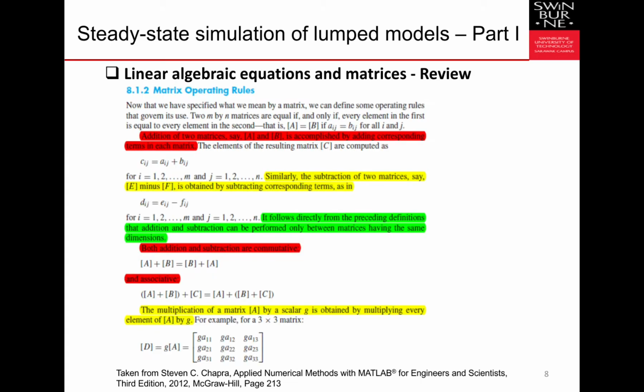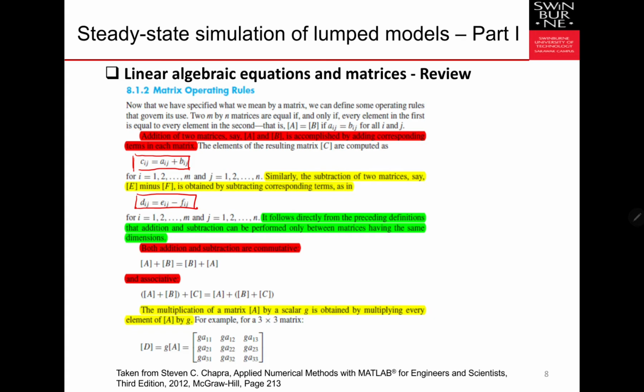After we go through the overview of different types of matrices, we go a little bit into the matrix operating rules. Addition of two matrices is expressed by these expressions, where you add the respective terms in each matrix. Subtraction also works similarly.